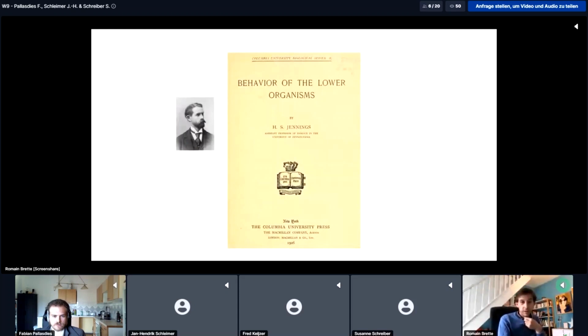He wrote a really great book in 1906 called The Behavior of the Lower Organisms. If you're interested in the topic of this workshop, it's a really nice book to read. It's about several species, including Paramecium, amoeba, and some others. So Jennings and others have studied the behavior of Paramecium.